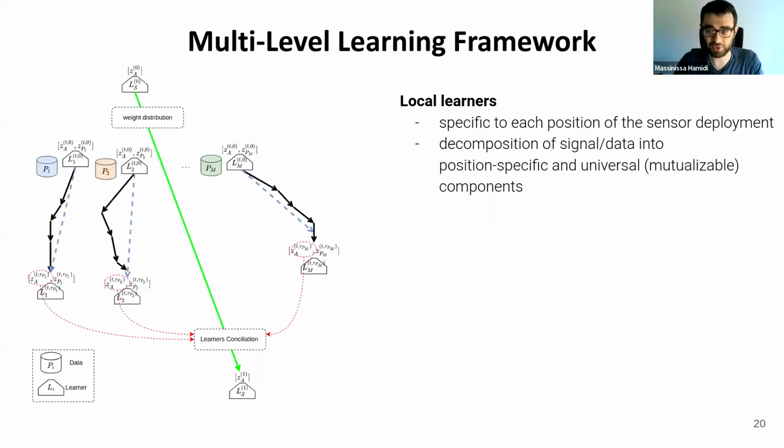the framework that we propose, which is based on a federated learning-like process, where we have multi-level processing. At the local level, for each position of the deployment, there is a learner in charge of carrying out the decomposition of the signal with the method that we presented previously.